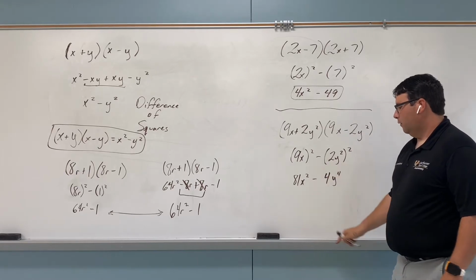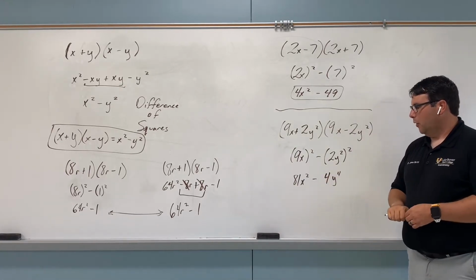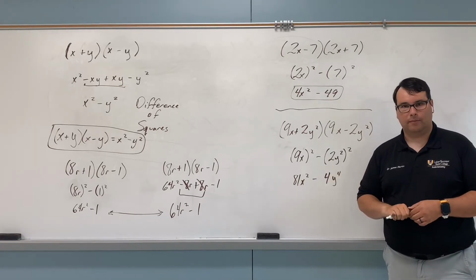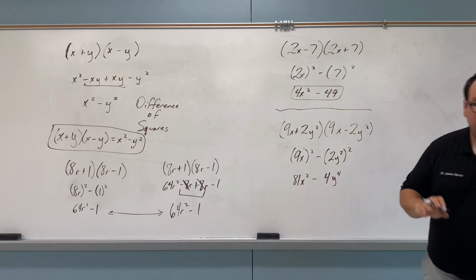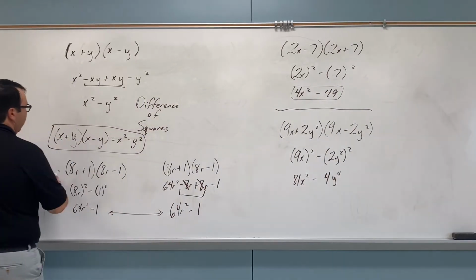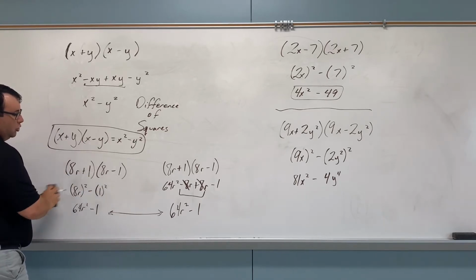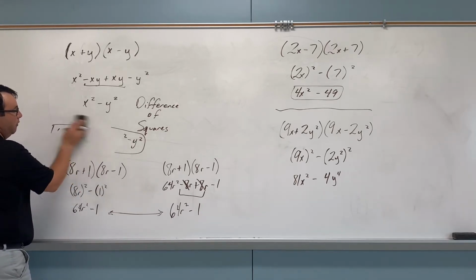You are subtracting here. So you have 81x squared minus 4y to the fourth. And that's it. Now, difference of squares is extremely easy to work with, and it's very easy to identify once you start getting into looking at the multiplication. You're just looking for conjugate values.